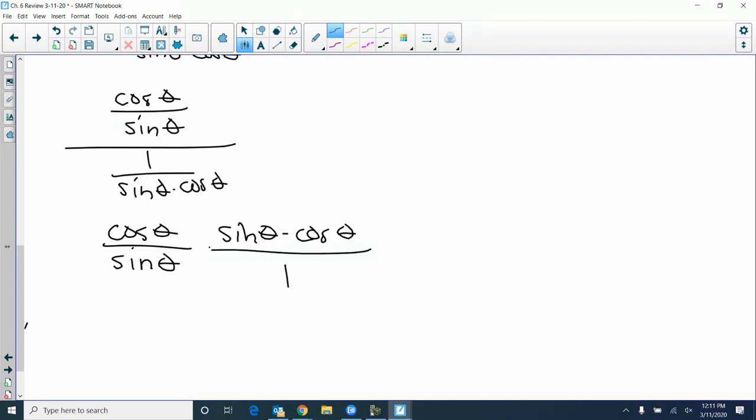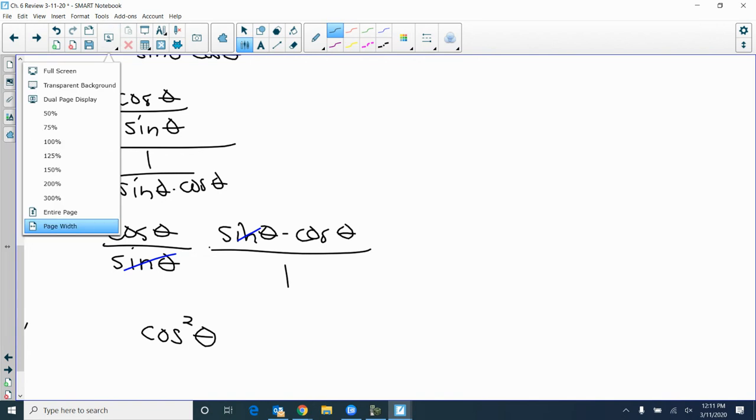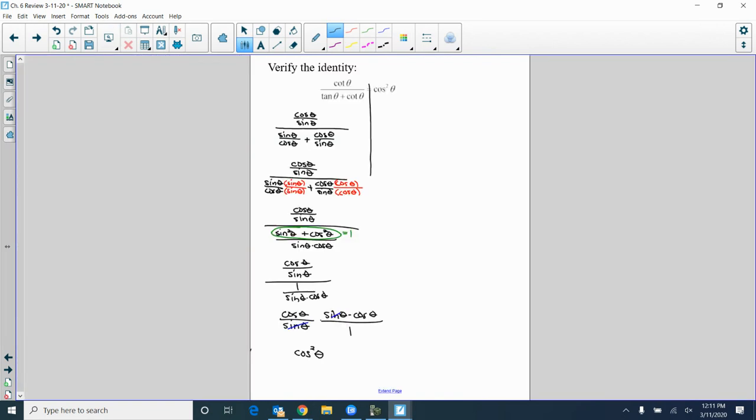And what happens to the sine thetas? Cancel, and I'm left with cosine times cosine, which is, and what was on the right-hand side? Cosine squared theta. Okay, so we matched that up. I didn't have to do anything to that side.